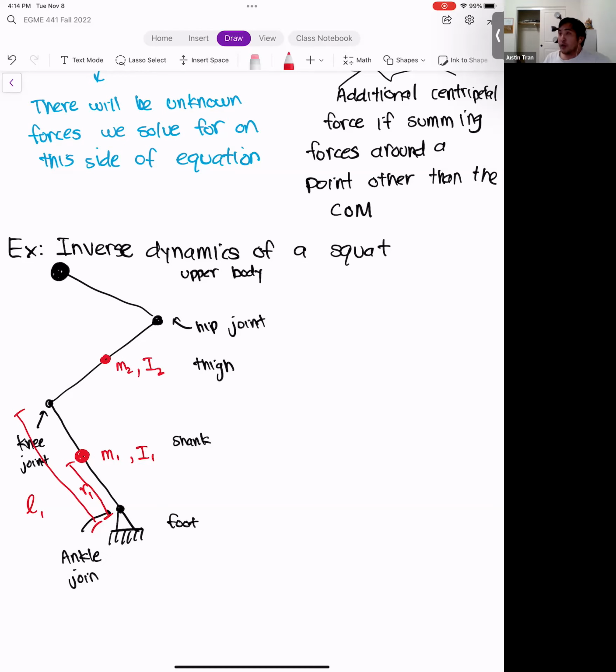Next we have the corresponding properties of the thigh. We have the mass of the thigh, M2, and the moment of inertia of the thigh, I2. The distance from the knee joint to the thigh center of mass is going to be R2, and the total length of the thigh segment is going to be given by L2.